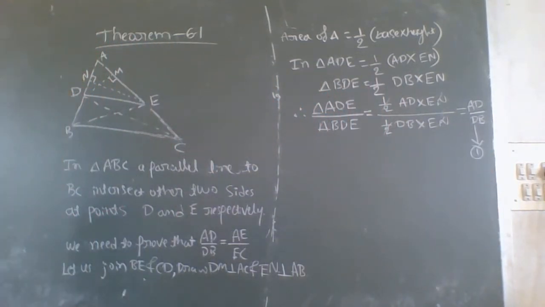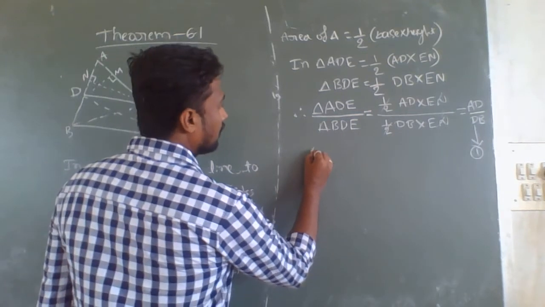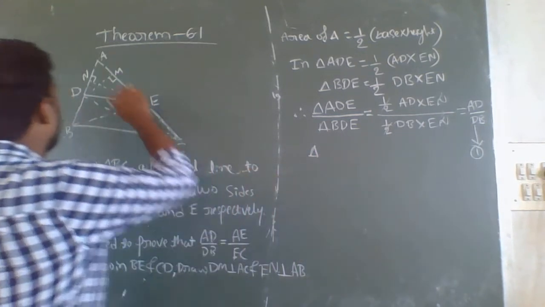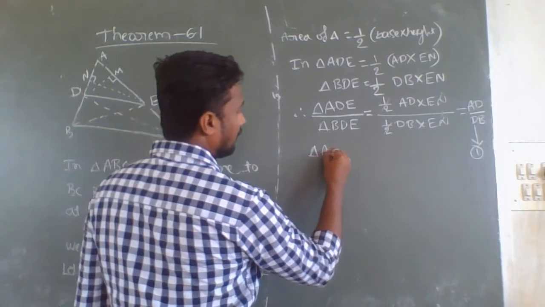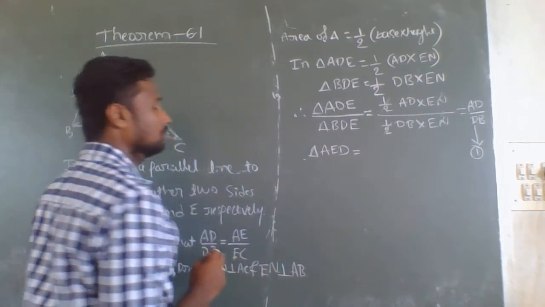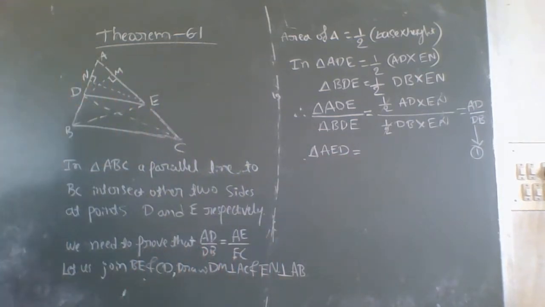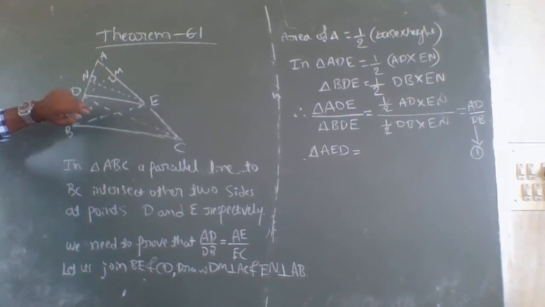Next I will consider another triangle, triangle AED. Triangle AED is equal to, here I will consider AE as the base. Why?